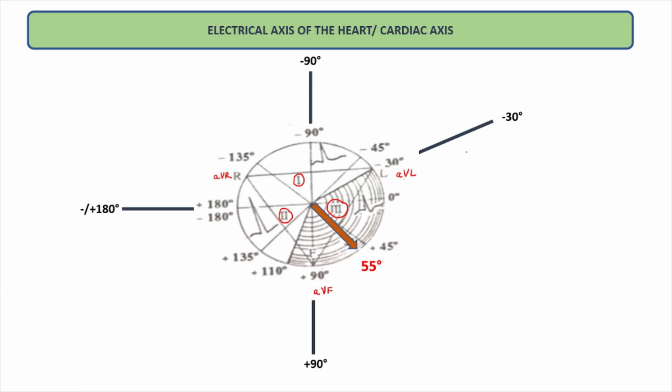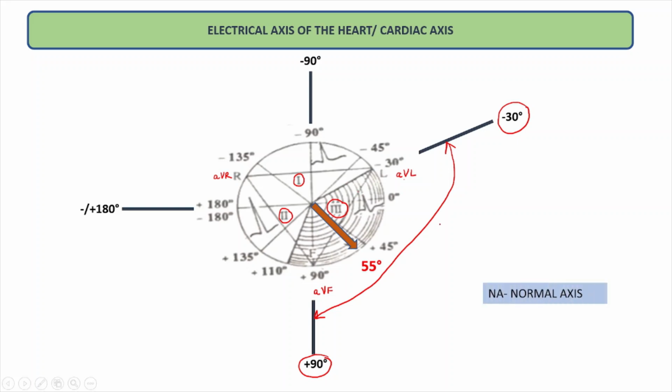Now, if the resultant vector or mean of the QRS waves of ECG, or the electrical axis of heart or cardiac axis, is located in this region, that is from minus 30 degree to plus 90 degree, then the electrical axis is called normal electrical axis or normal axis.